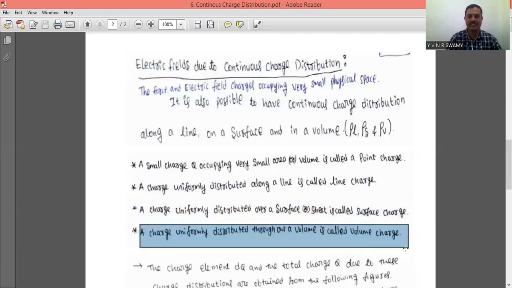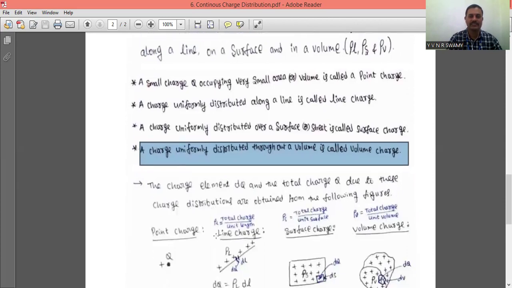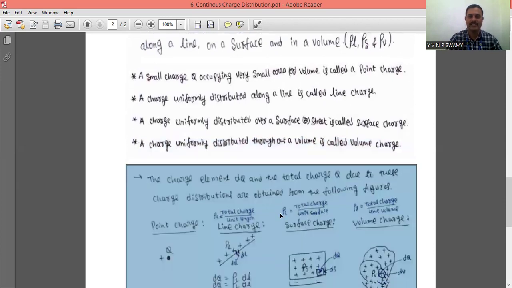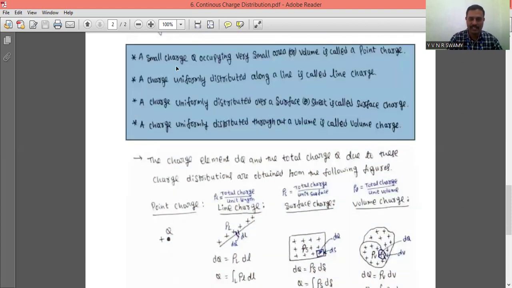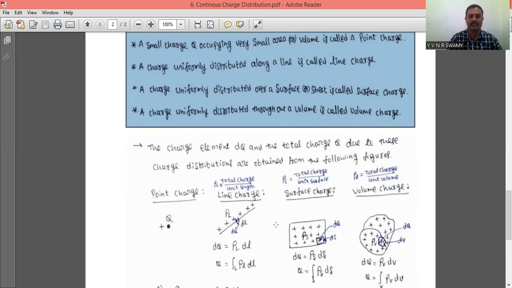A charge uniformly distributed throughout a volume is called volume charge. So these are the definitions: point charge, line charge, surface charge, and volume charge. Now we'll discuss these in brief.